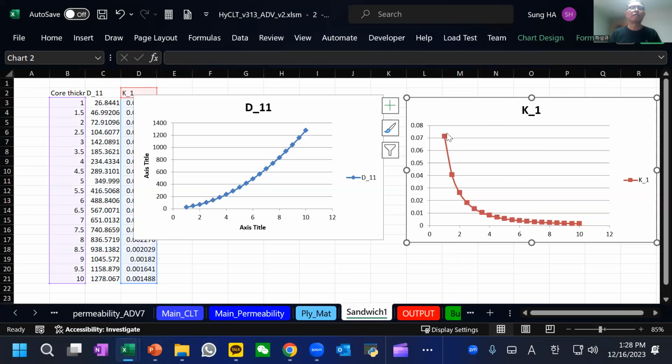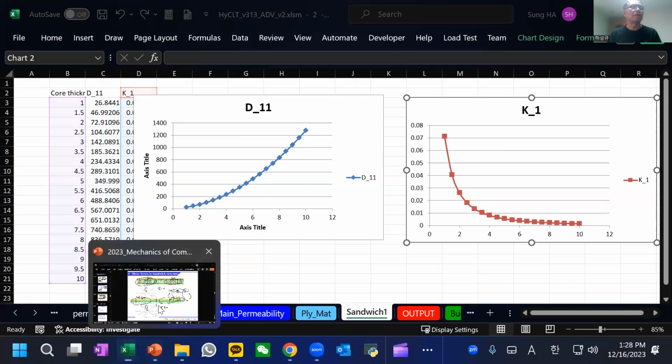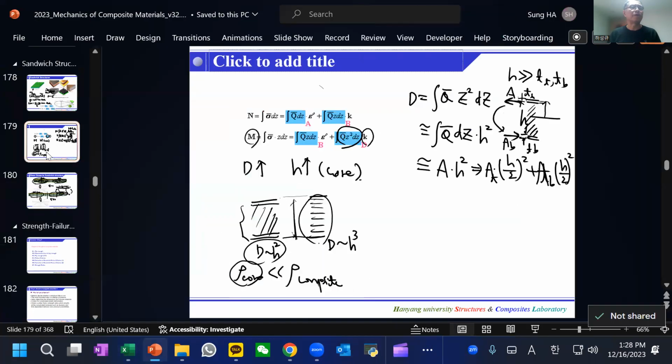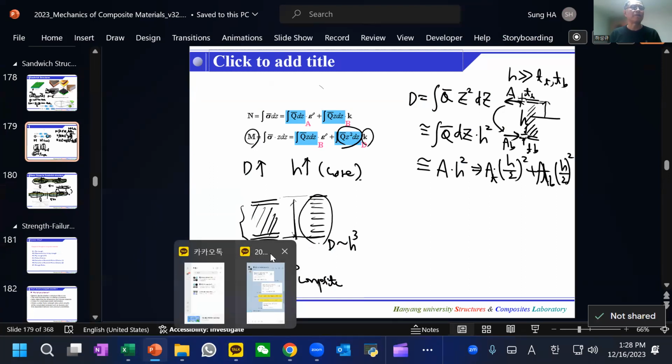The X-axis is core thickness, and the vertical is the curvature. As you can see, D is increasing like a second order polynomial, right? That is the behavior we observed: D is proportional to H squared, a parabolic increase.